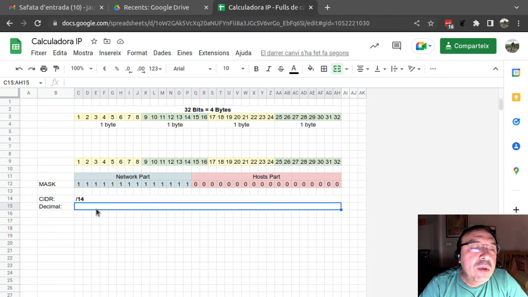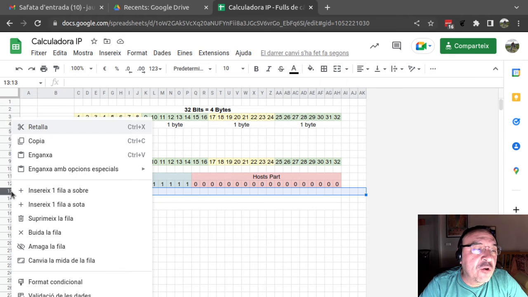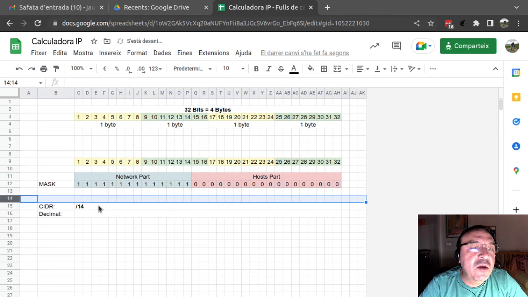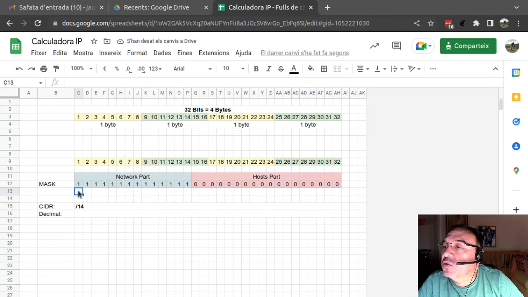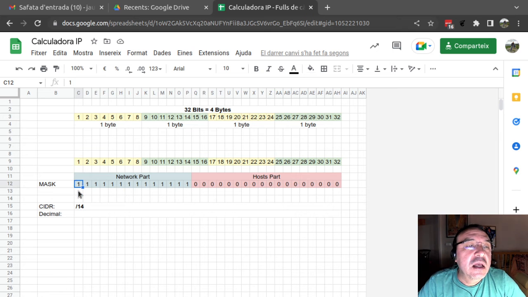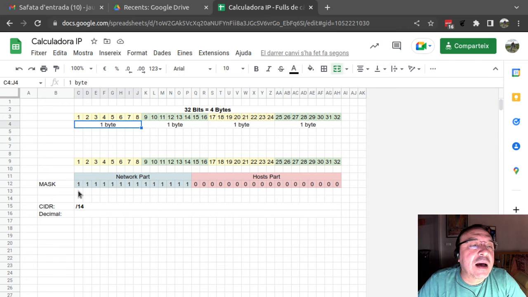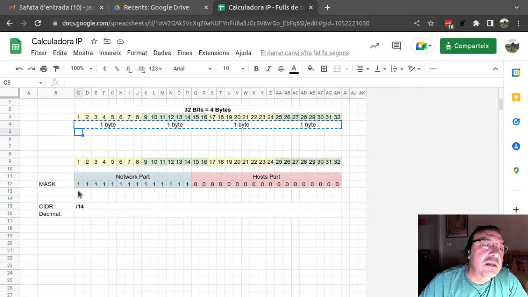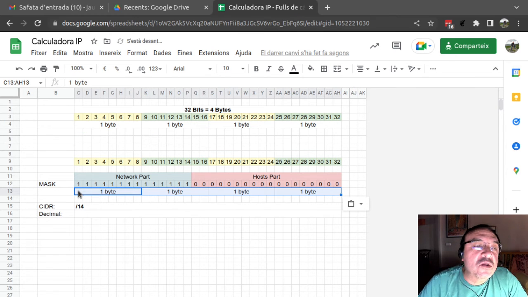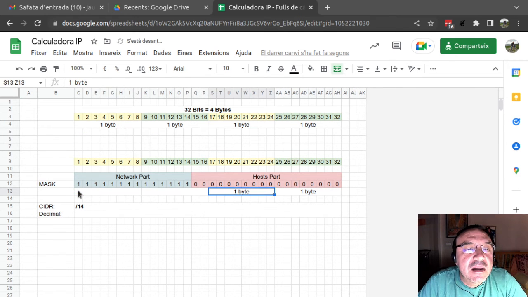But how can we express that mask in decimal? Okay, so for expressing that mask in decimal, we have to group all those 32 bits in bytes. So, like we have up here, we have 4 different bytes. So, let's express those different bytes in decimal.